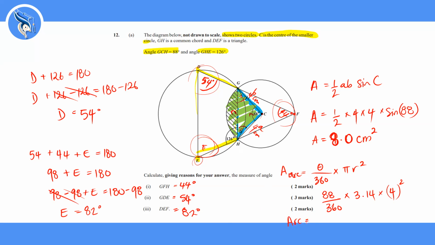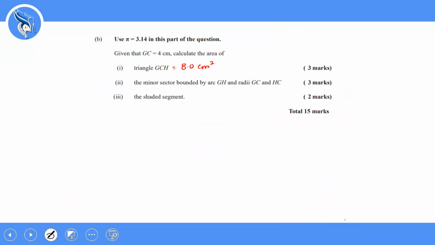So the area of the arc is 12.3 or 12.28. I'm just going to write 12.3 centimeters squared, because it's area, right? So you need your units, and it's centimeters, and since it's area, it's squared. So now we have 12.3 cm squared here.